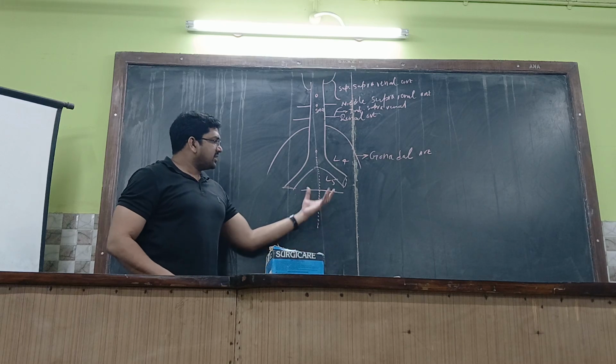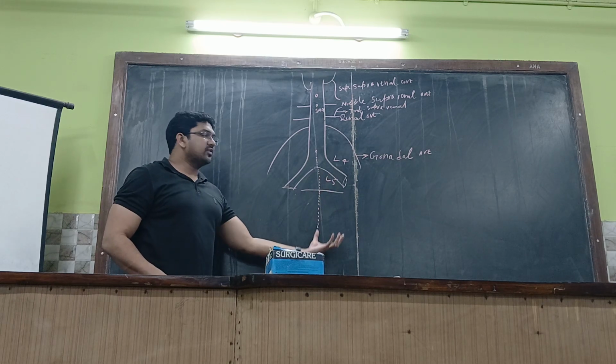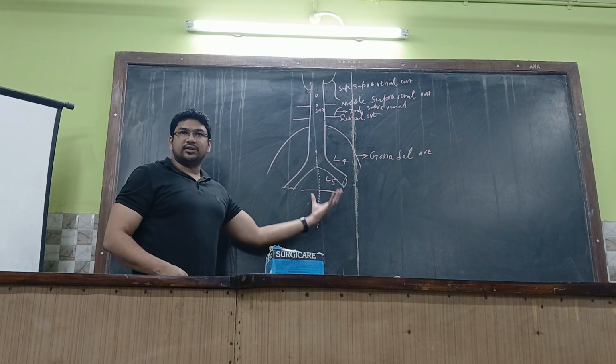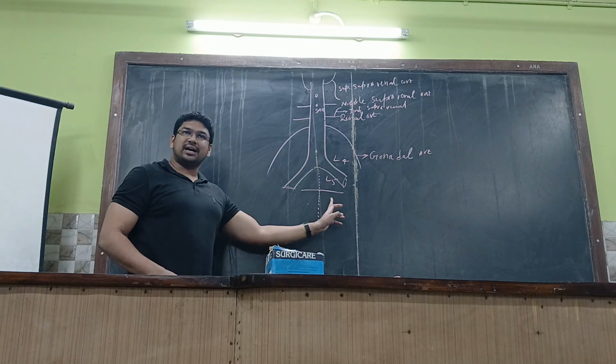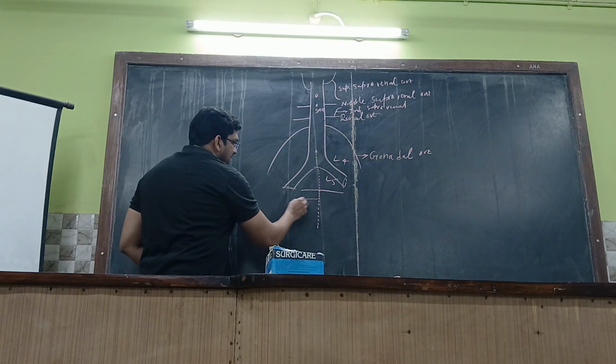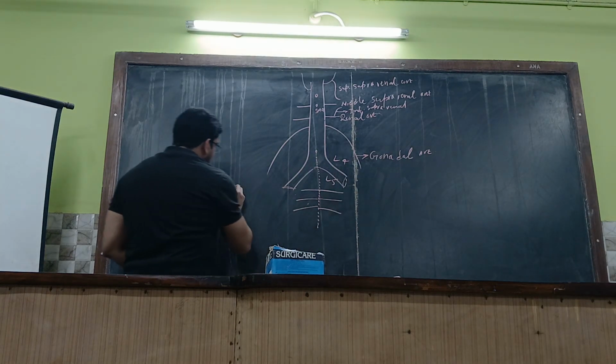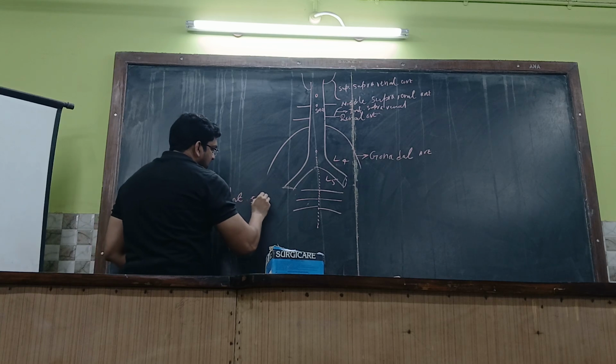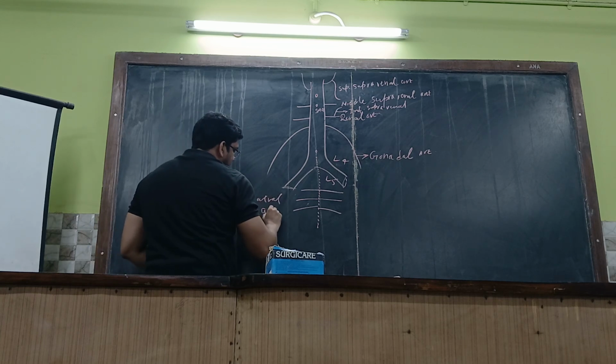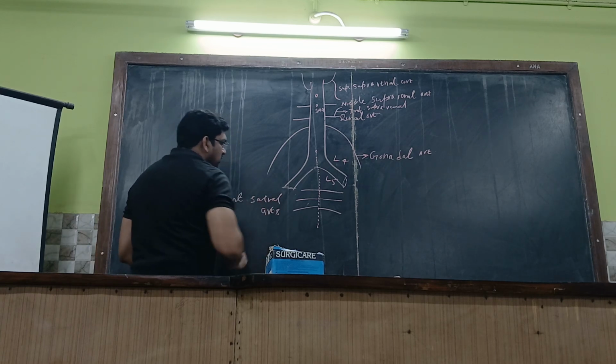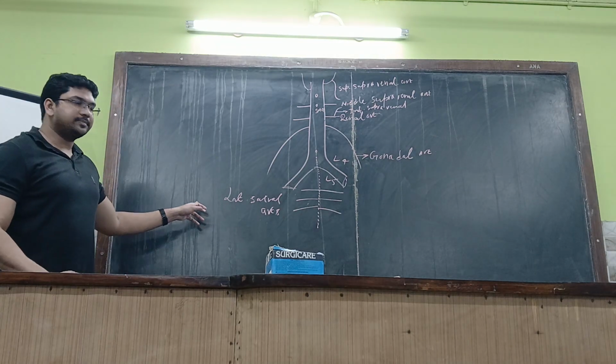What structure present in front of the sacrum will it supply? Rectum, absolutely. The rectum is supplied by the median sacral artery, and it will be forming anastomosis with lateral sacral arteries, which are the branches of?